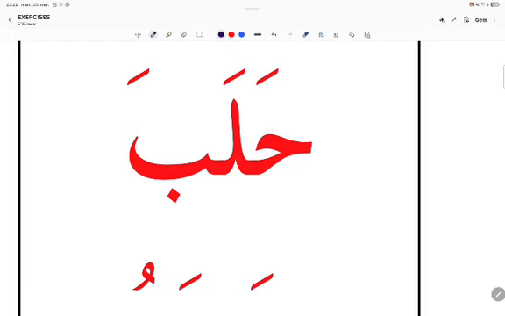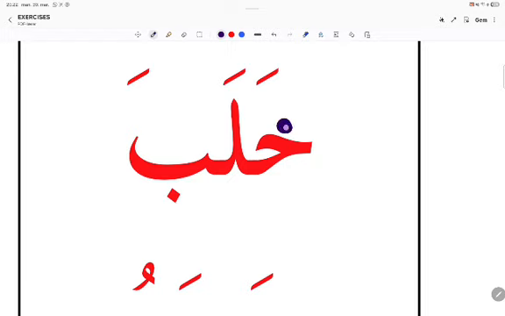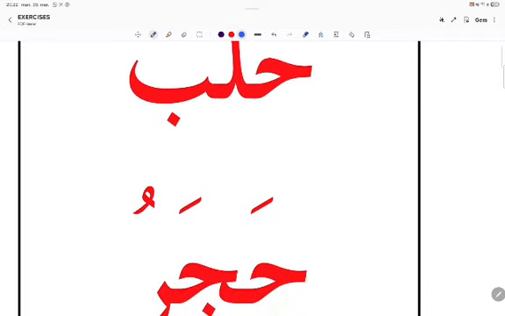Again, we have this, which is the head of ha. It's ha because it has no dot beneath it or above it, so it's not kha or jim. Ha, fatha, ha. And this one, why is it lam and not alif? Because of the 6 letter rule, which says it will not be connected from the left.